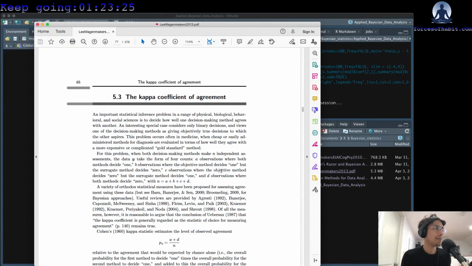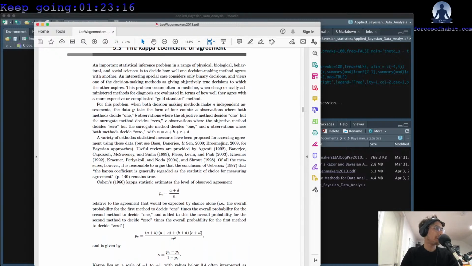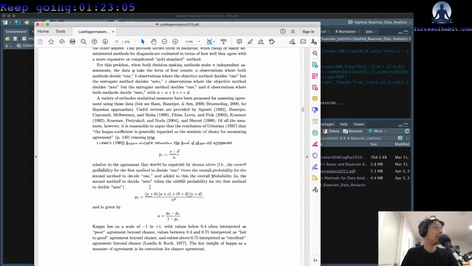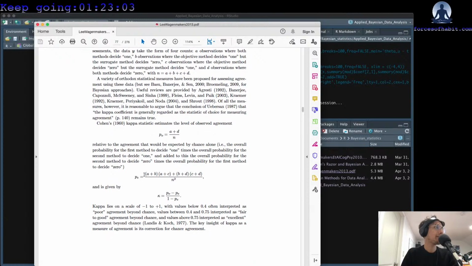We're going to be looking at a way to capture inter-rater reliability, that being the Kappa coefficient. Here it specifies some of the history of the statistical test and how we go about capturing it.